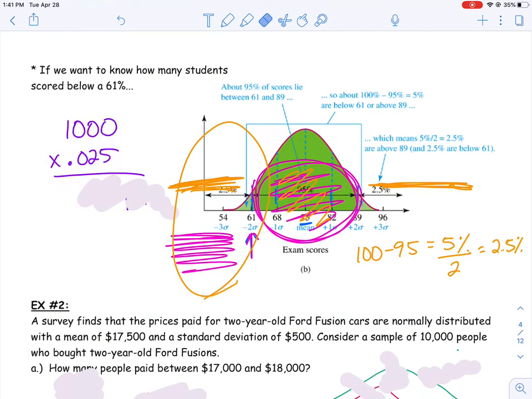We knew that there were 1,000 students. We're going to multiply it by 2.5% or 0.025, and we end up getting 25 people. 25 people scored below a 61. We can get that by using our 68, 95, 99.7 rule. Practice that. Make sure you understand those before we do some more examples in the next video.